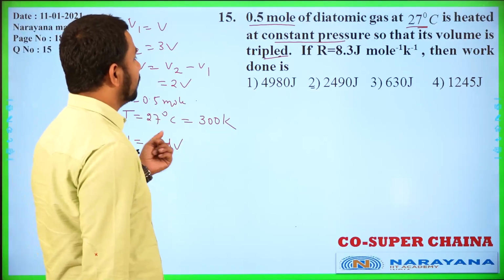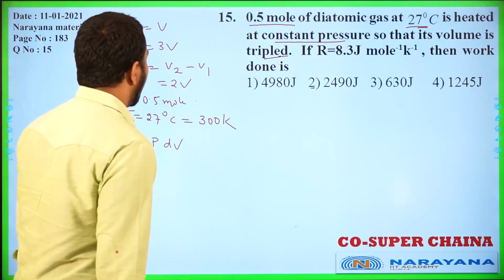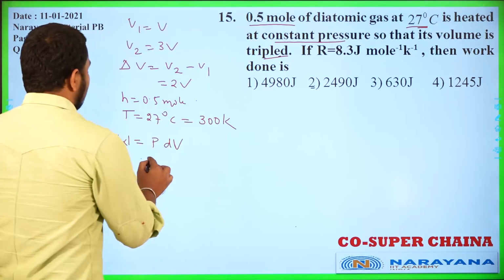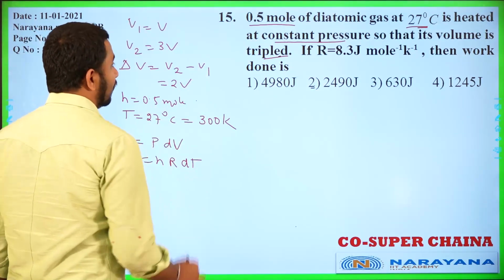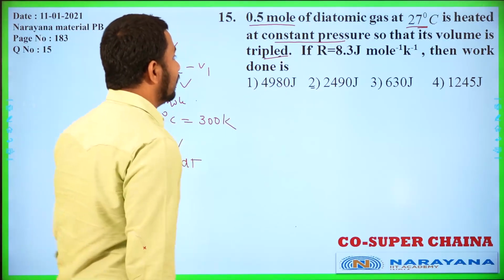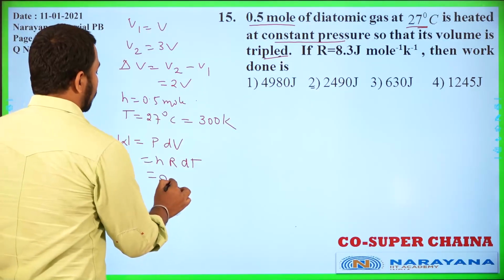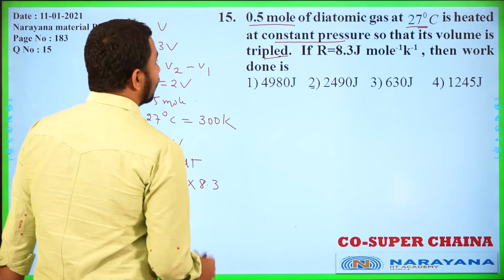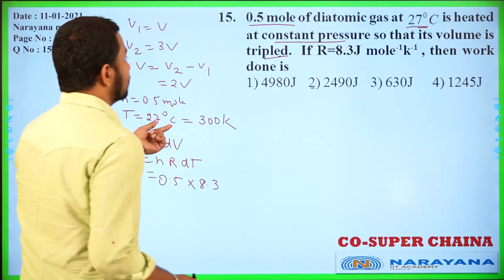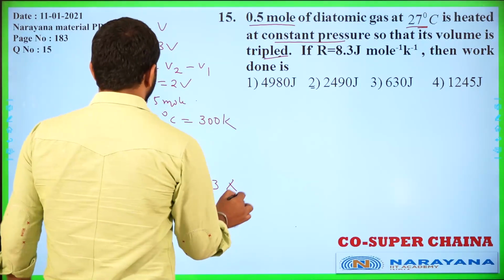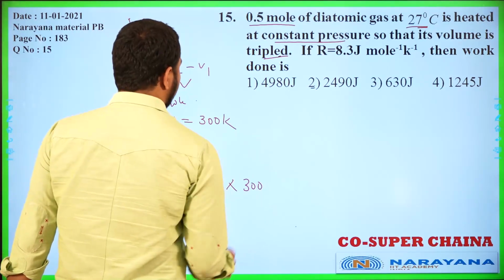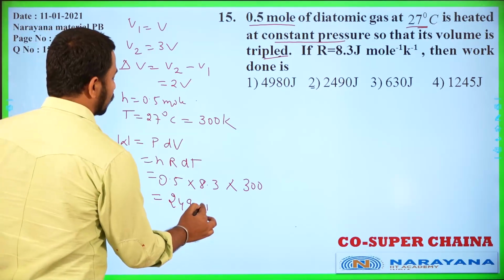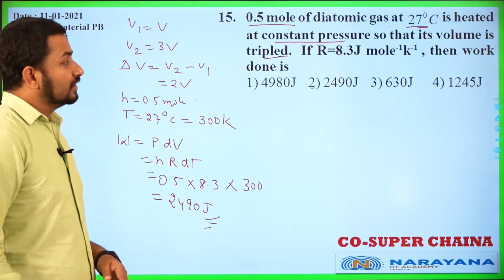It can also be written as nR delta T. So N value is given as 0.5, R is 8.3, and delta T. Here this is at 300 K. Just substitute the values here. If you substitute the values, we'll get 2490 joule, and that will be the answer of this question.